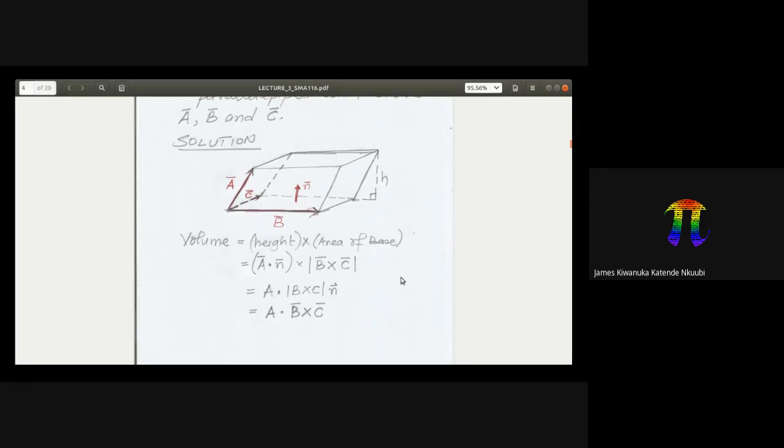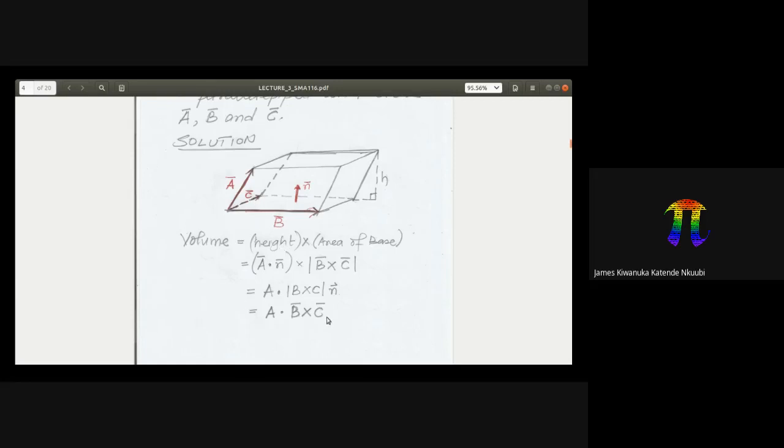So this now can be written as A dot the magnitude of B cross C multiplied by a unit vector N. But you see, N is perpendicular to the base, which is fine.